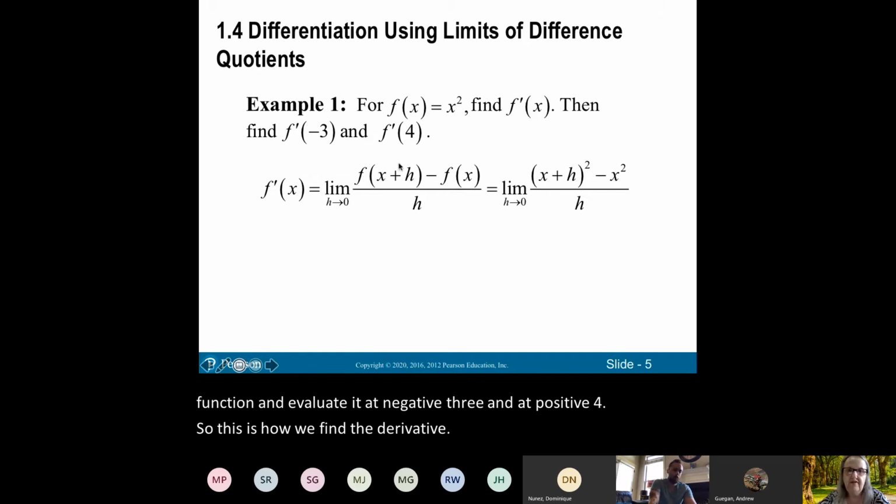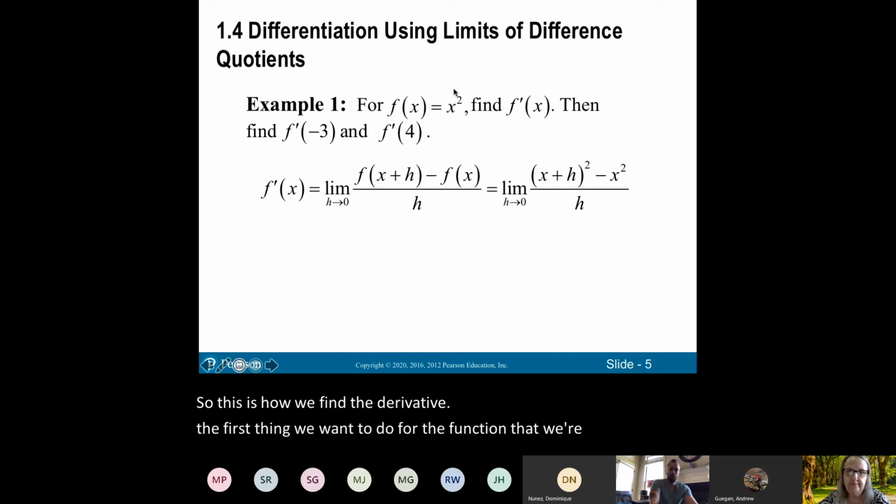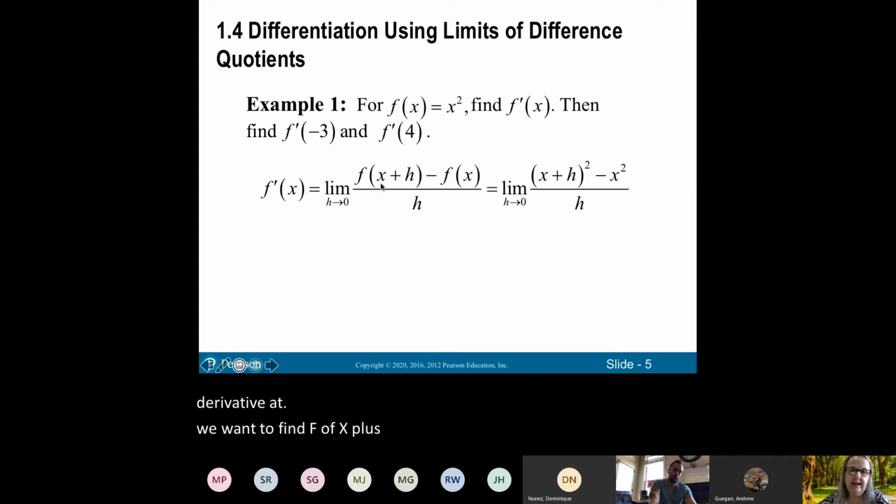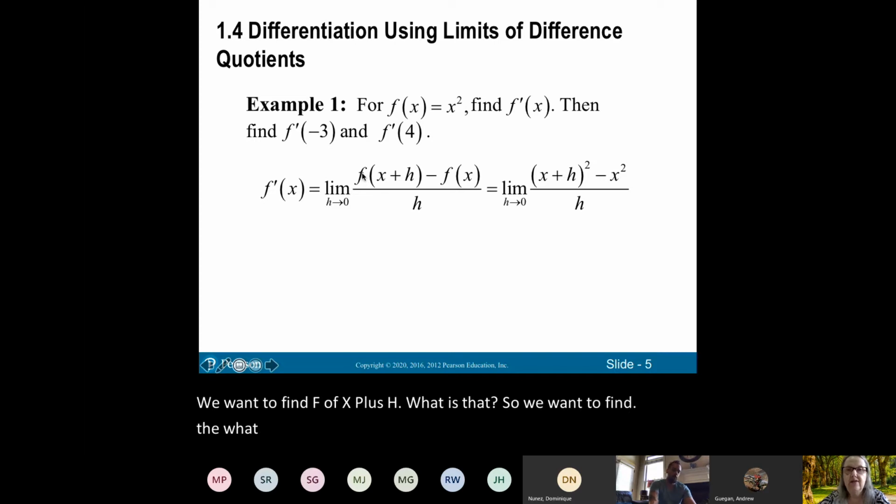So the first thing we want to do for the function that we're finding the derivative at, we want to find f of x plus h. What is that? F you can think of as the y coordinate.